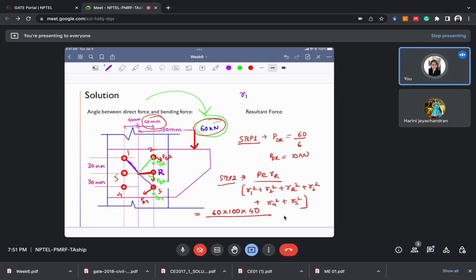So R1 will be under root of this length plus this length, using Pythagoras. This length is 40, this length is 30. So 40 square plus 30 square. So R1 value we got as, what is the calculation saying? Let's calculate it.